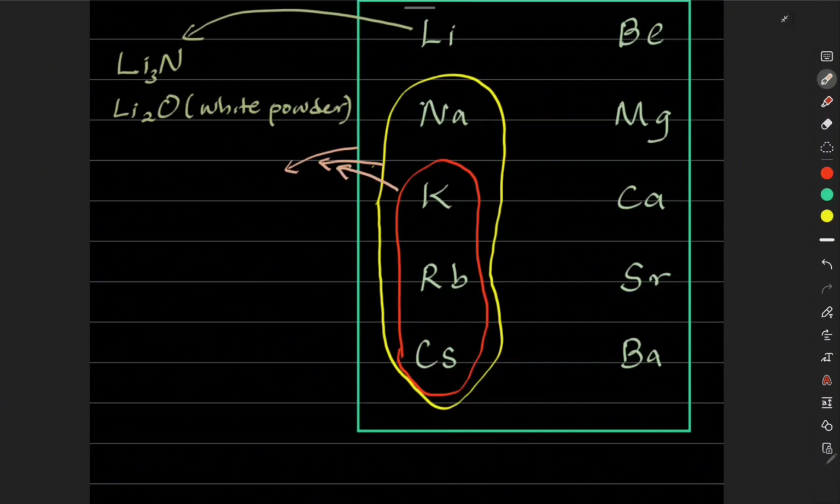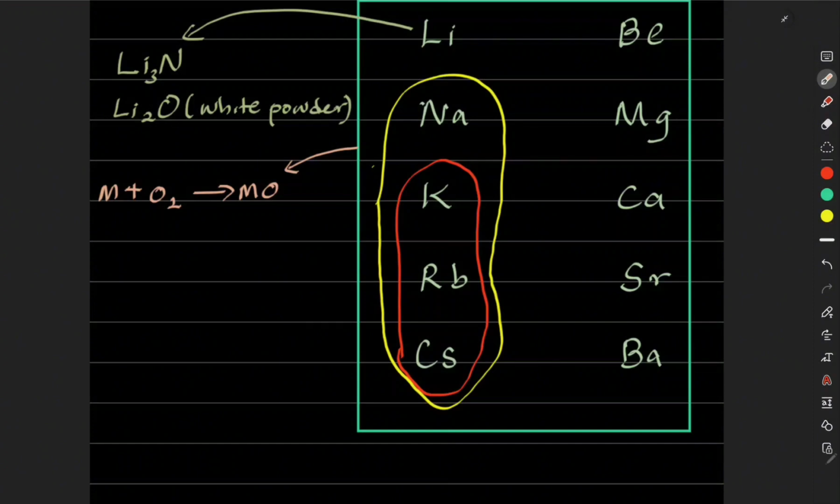All the elements in the green box produce metal oxides when the metal reacts with oxygen. I'll mark the metal as M. M plus O2 forms MO, metal oxides.